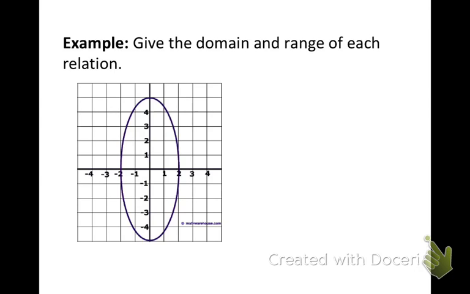Here we have an oval, or an ellipse if you want to get fancy. Again, just make a quick lazy graph of it. All we really care about are the numbers at the top and the bottom and the left and the right.